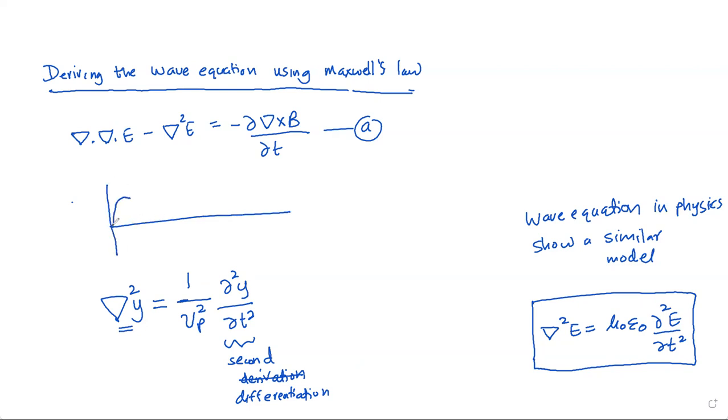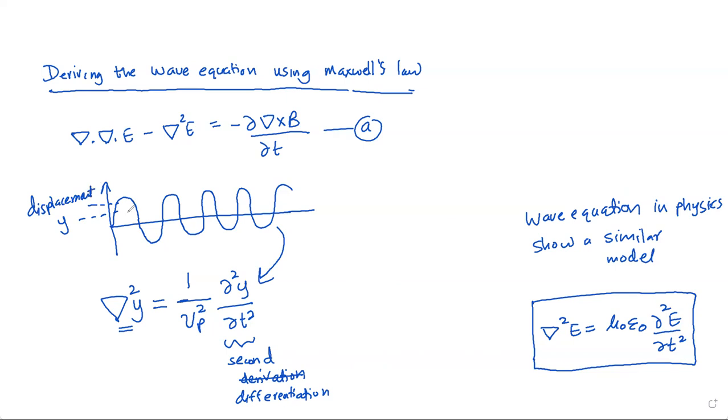So if we take the wave equation, waves propagating in a certain material with a certain displacement y, then that wave can be described using this equation. The displacement is given by y.